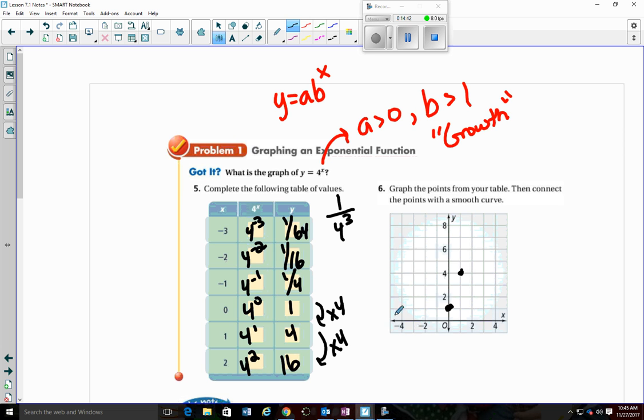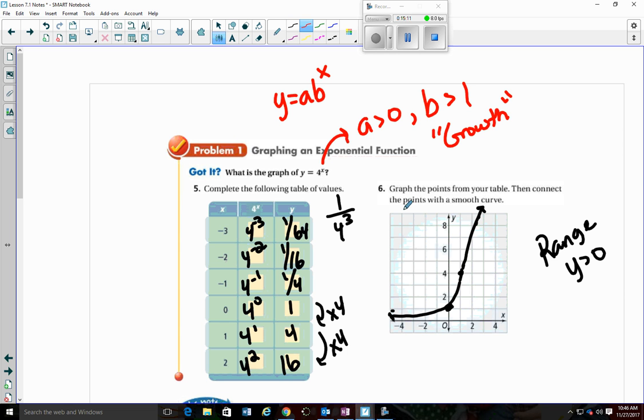So if it's a growth, something I want you to note in the visual of this is that it never goes below the x-axis. So in other words, we're talking about the range of this function. For all exponentials, that's going to be greater than 0 every time. And that's also true for decays. Decays will look like this, just FYI.